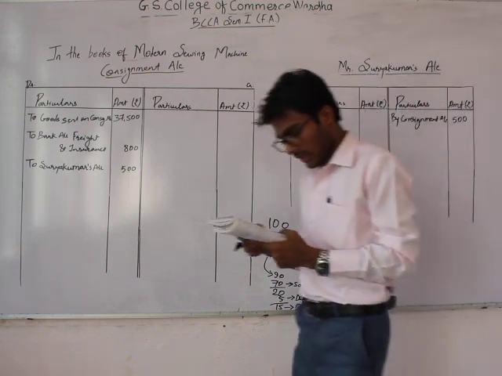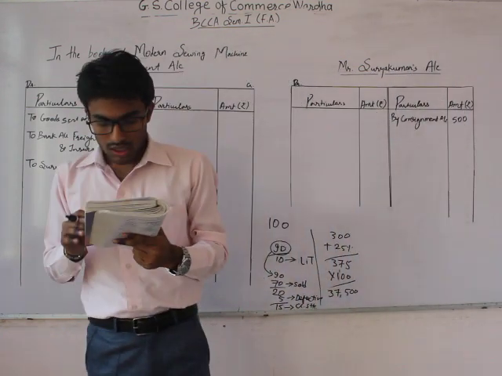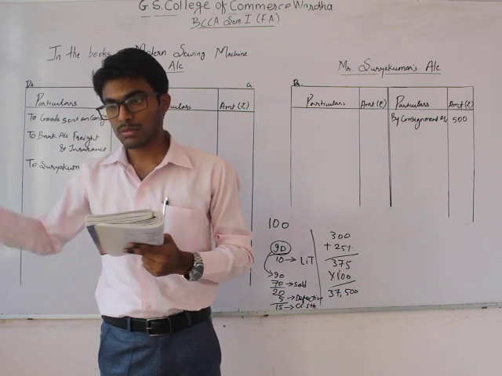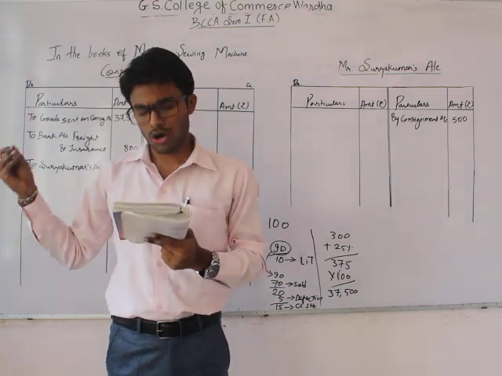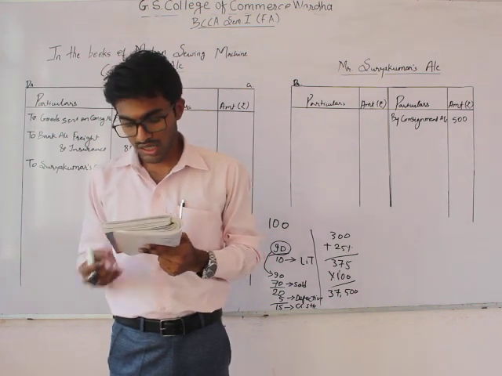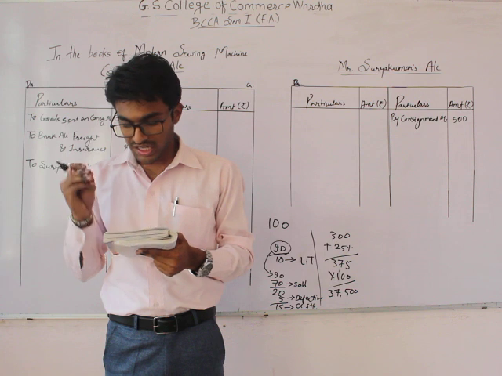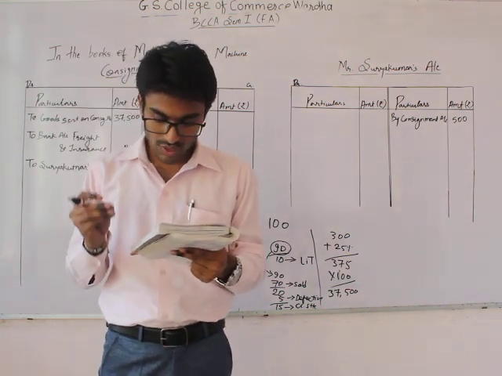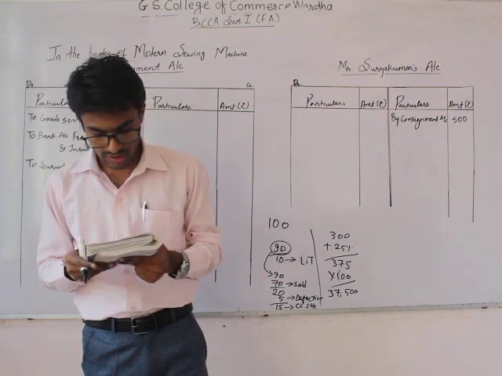Now we have to calculate the transaction which has been done, where there was a loss while we were transporting our goods, and that is about 10 units being lost in transit. So we have to calculate that amount as well.